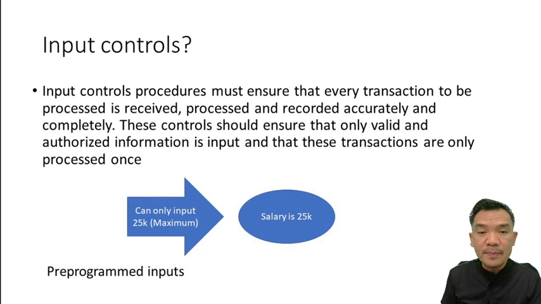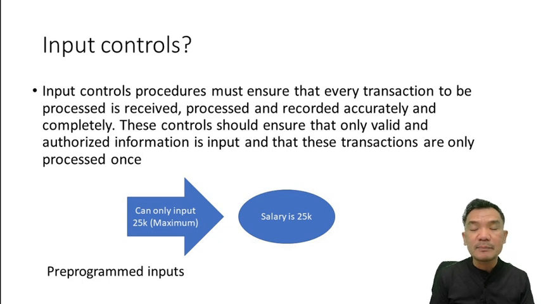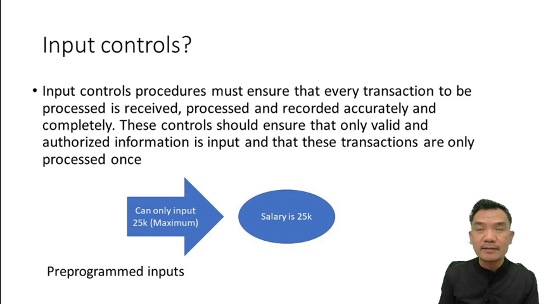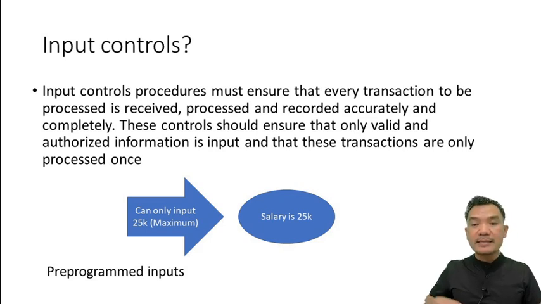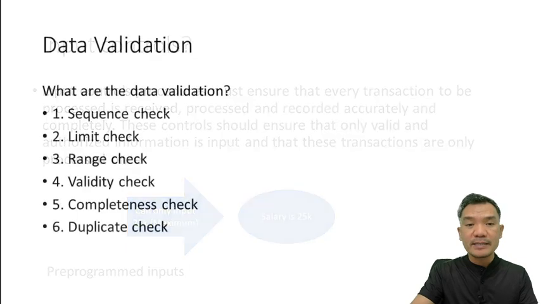If we set the salary of that person at only 25,000, you can put an input control that will determine if the inputted value is greater than 25,000 and automatically disallow that input to the system. Usually these are pre-programmed checks of inputs into the system, to minimize human errors in inputting data.